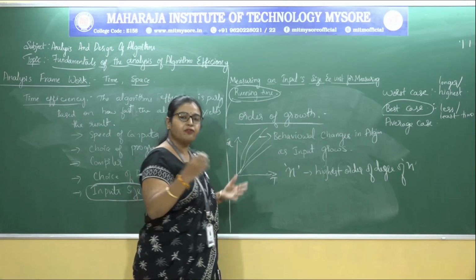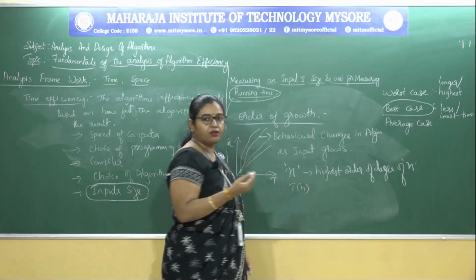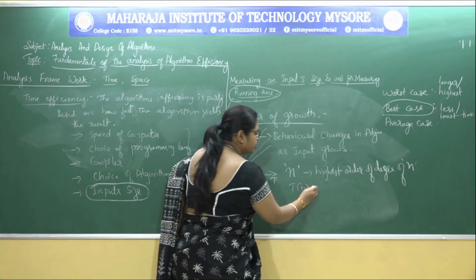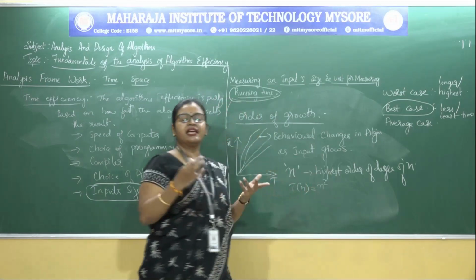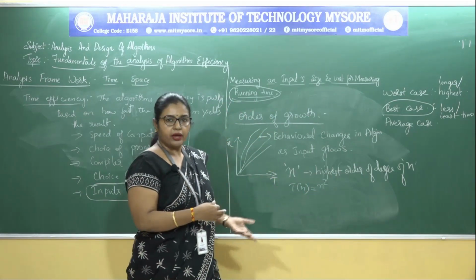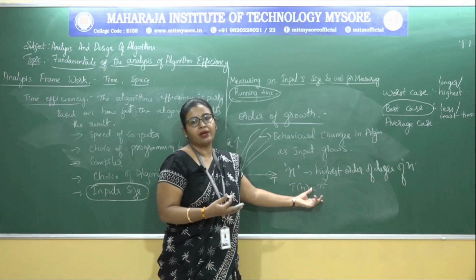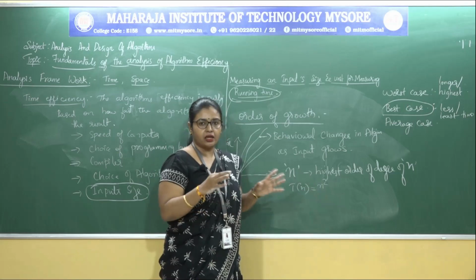Say for example, how do we calculate T of n? T of n is equal to C into g of n, right? Say for example, it is equal to n square. You have found that n square is the equation. Okay, so you have found the value that T of n is equal to n square by using some formulas, assume like that.